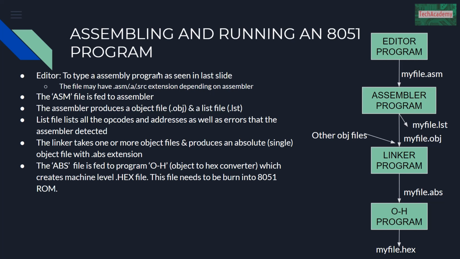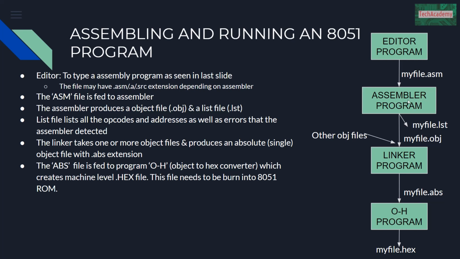Mostly .asm is the commonly used extension for an assembly file. So your file name will be myfile.asm, and this file is then given to the assembler.